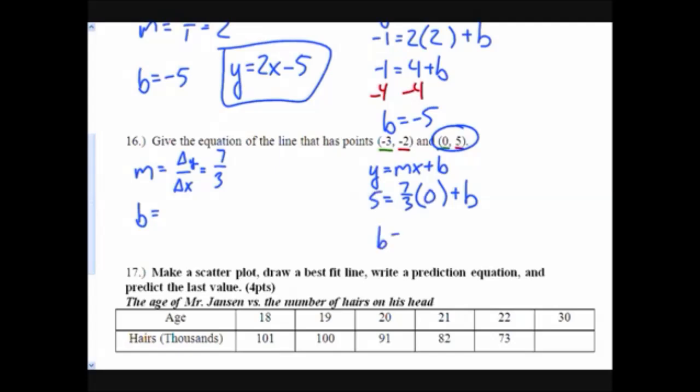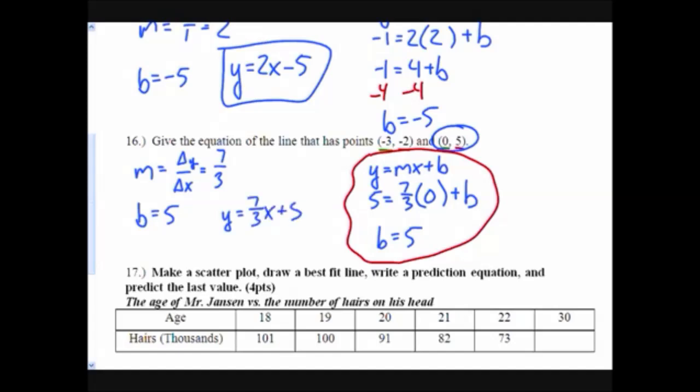I plug it in, b equals 5. And really, with this one, I don't even need to show this step that I showed over here because the y-intercept is given. It's a 5. So always look for those shortcuts. Y equals 7/3 x plus 5. All right. Either way, you should be able to come across the correct answer, regardless of whether or not you see that shortcut.